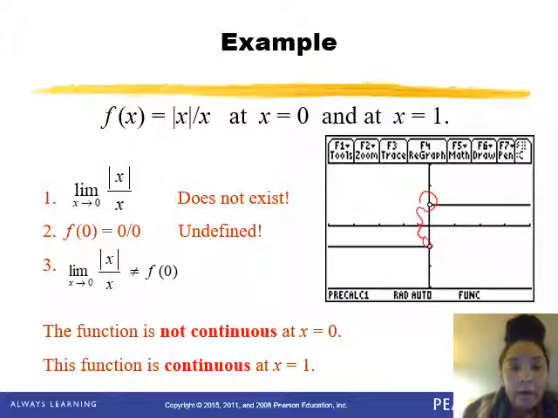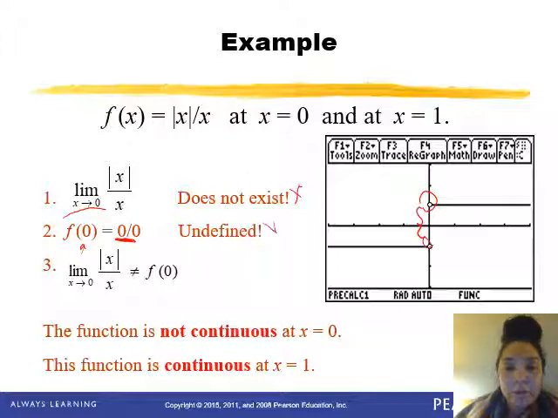So the limit of the absolute value of x over x as x approaches 0 does not exist here. It does not exist, so it does not check out. Again, if we plug in this 0 into the original function, we have another 0 over 0, and anything divided by 0 is undefined.